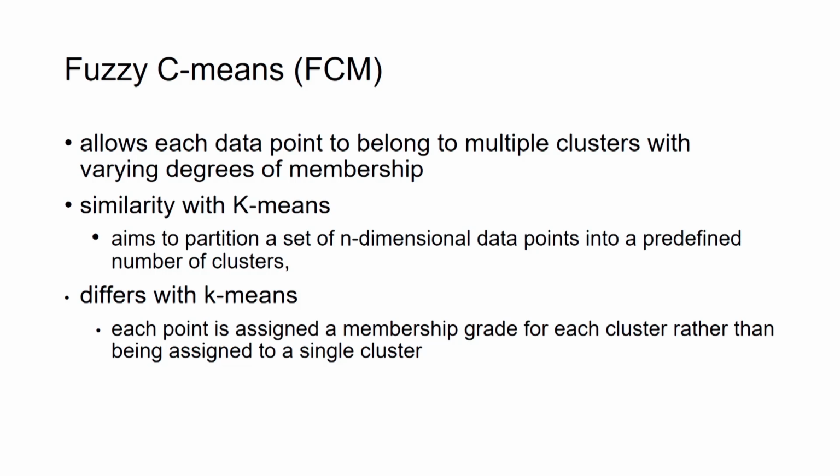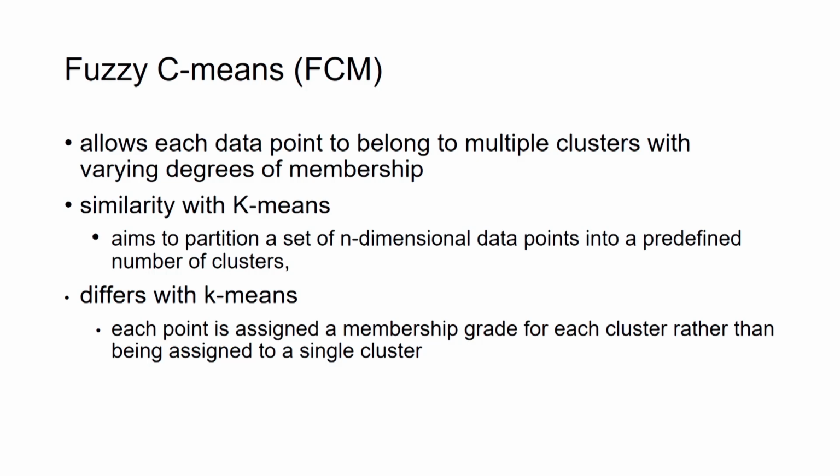So, here fuzzy C-means clustering allows each data point to belong to multiple clusters with varying degree of membership, while in case of K-means clustering or hierarchical clustering, we have seen that one data point can belong to only one cluster. So, what is the similarity between K-means clustering and fuzzy C-means clustering or any other partitioning or hierarchical clustering?